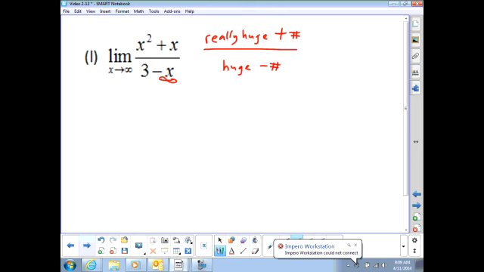Basically, we're just doing this to figure out if it's positive or negative, because you have a positive divided by a negative, so you know it's going to be negative. The other part of it, we could have just used from what you learned last year. Our degree of the numerator is greater than the degree of the denominator.